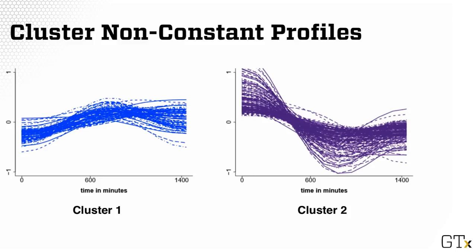As we partition the set of the profiles into these two clusters, we can now clearly see two distinct patterns. This was not apparent from the plot in which I plotted all the random functions together.